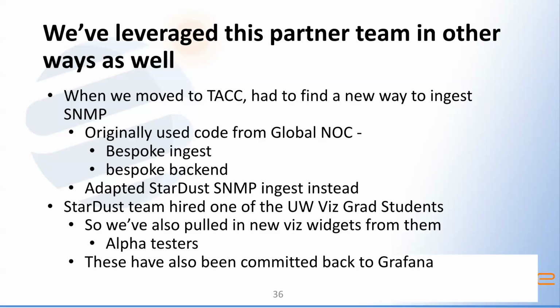And so again, we went to the LBL guys and said, hey, what are you doing for SNMP ingest? And what they hadn't really released yet, it's kind of in alpha beta form. We said, well, what if we took it and helped you finish debugging it so you could release that as its own little thing? And then we'll use it internally. And that's what we did for SNMP data.